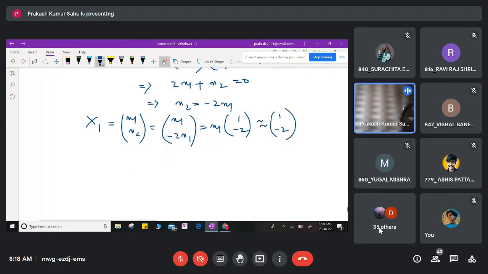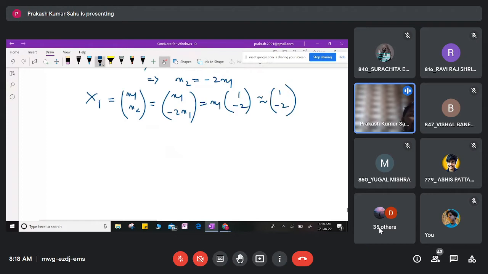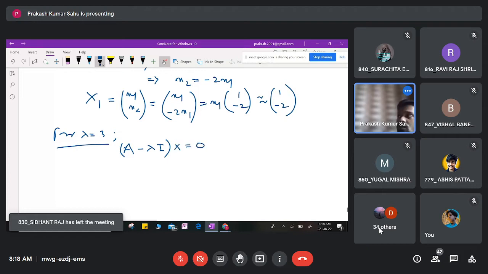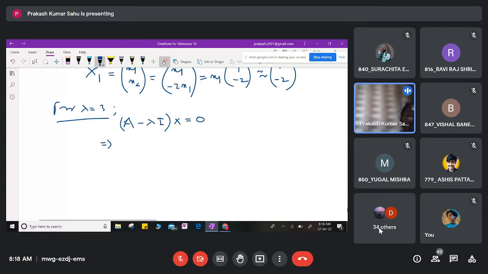So let us find the second eigenvector for lambda is equal to 3. The homogeneous equation is (A minus lambda I) x is equal to 0. Putting lambda is equal to 3, we get [[minus 1, 1], [2, minus 2]] times [x1, x2] is equal to [0, 0].